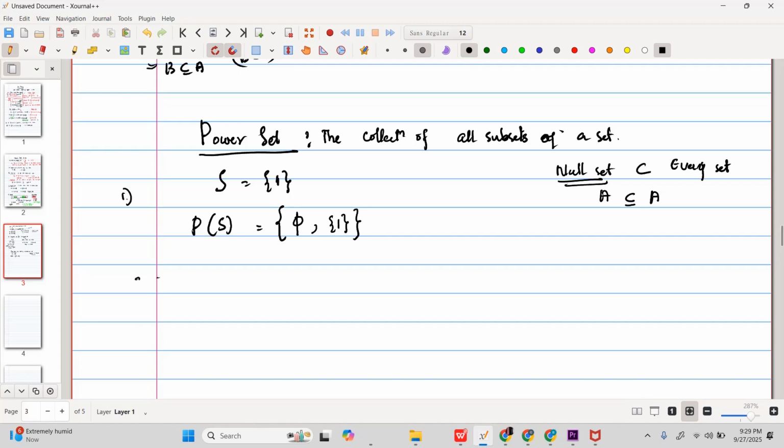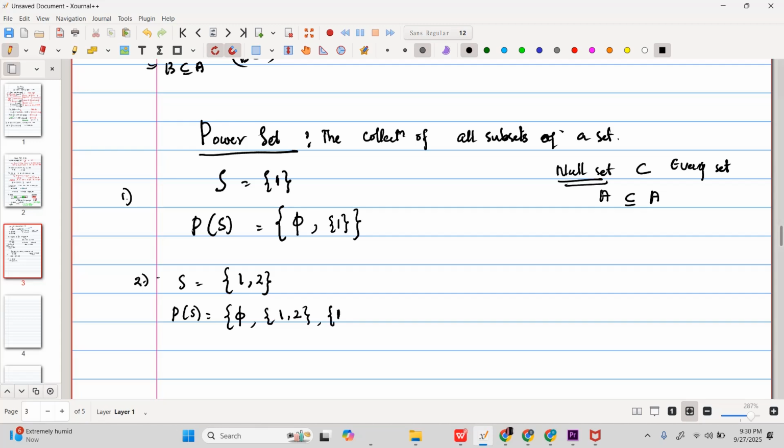If S is equal to two elements like 1 and 2, then what will be the power set? Power set contains the empty set, the full set, and the subsets. How can we express the subsets of the set 1, 2? You pick one element from 1, 2 and put it into a set.